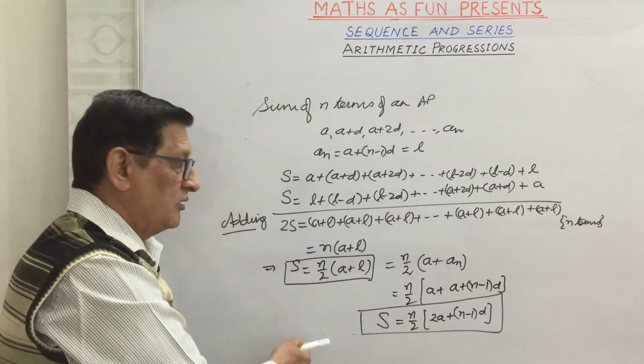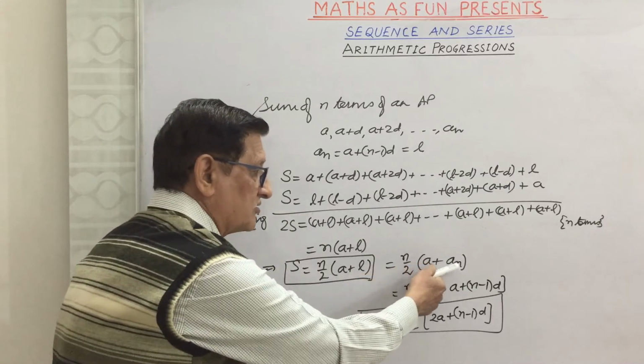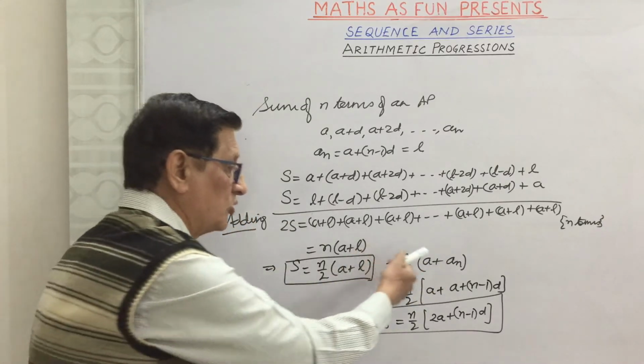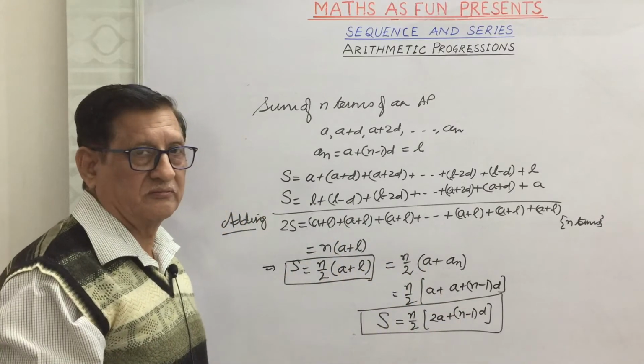The only thing is we have to remember that this is to be used when the last term is known to us. If the last term is not known, then we will be using this particular formula.